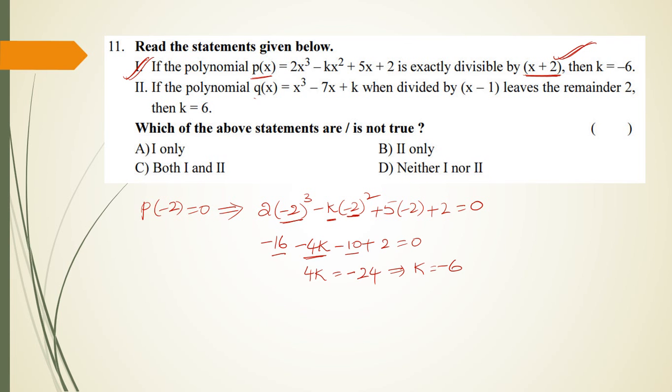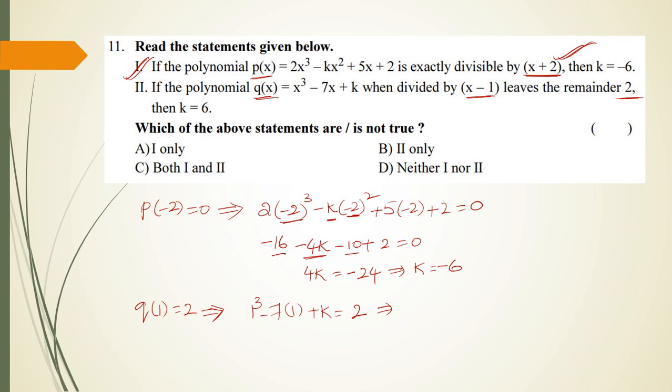What he has given: if q of x polynomial is divided by x minus 1, it leaves remainder 2. That means q of 1 is equal to 2. By using the remainder theorem, q of 1 is equal to 2. That means 1 cube minus 7 into 1 plus k is equal to 2.